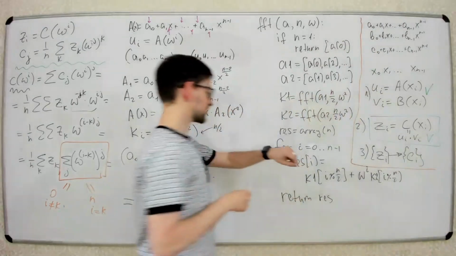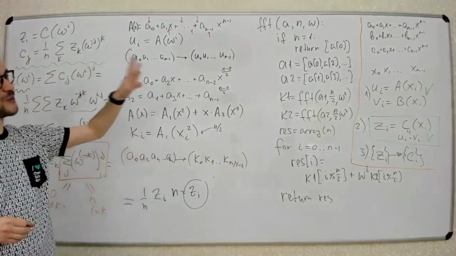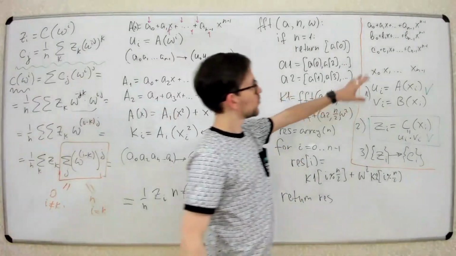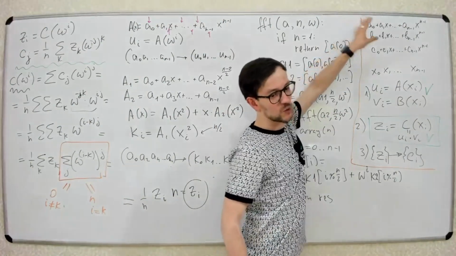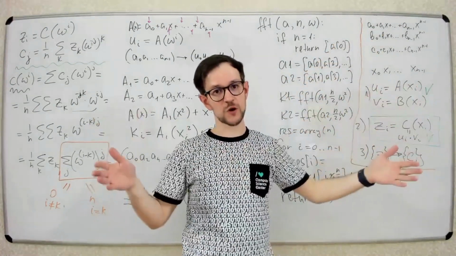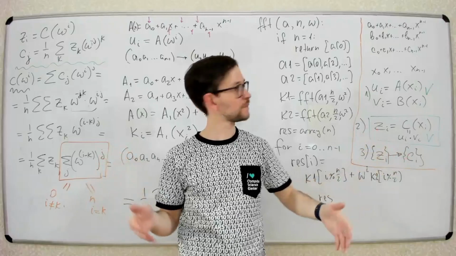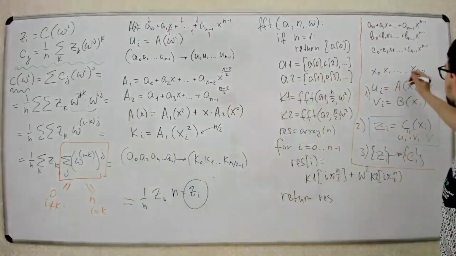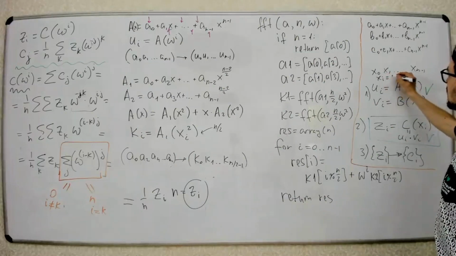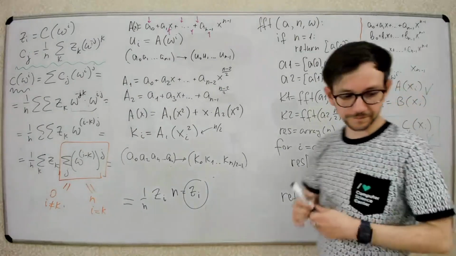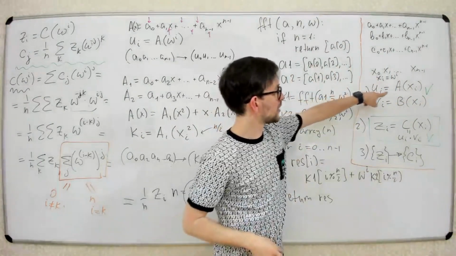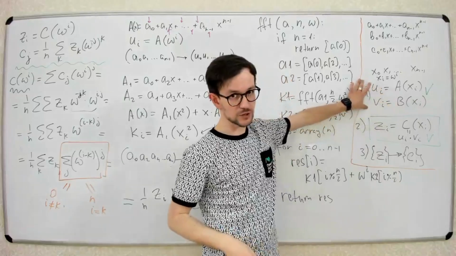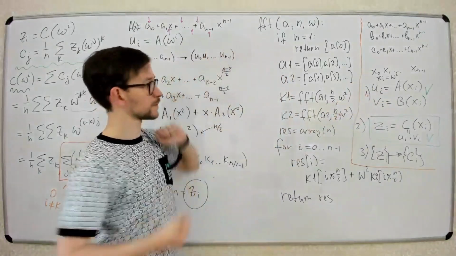Let's go over everything one more time. We have two polynomials. We extend the size of the polynomials to the nearest power of 2. Now we take x as w to the power i. Now we calculate the values of polynomials a and b in these points using this algorithm.